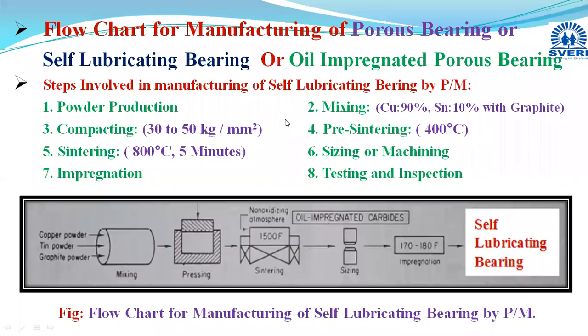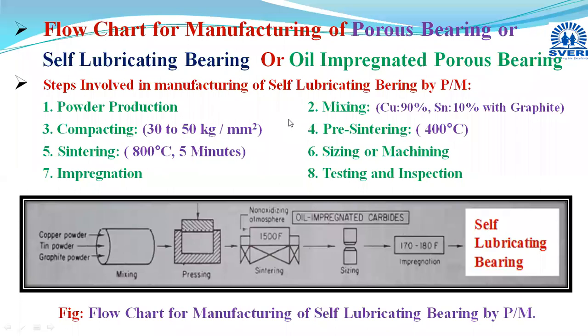These four properties should be there, so that this self lubricating bearing can be practically used. Now before discussing where this self lubricating bearing is used, I will explain the two working conditions here.